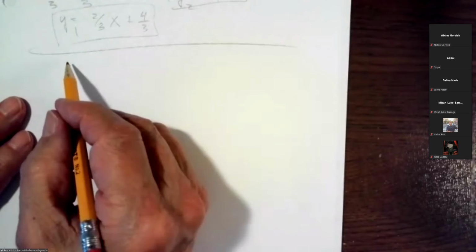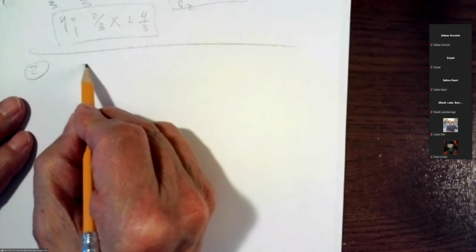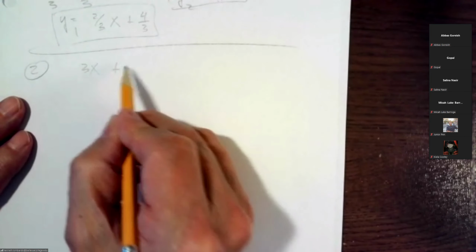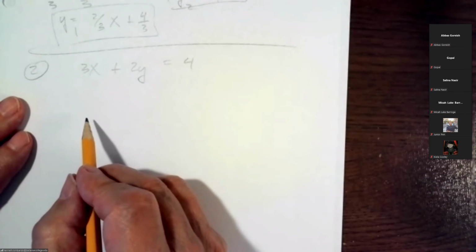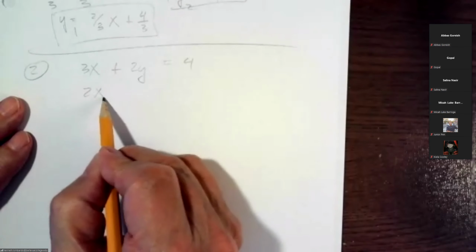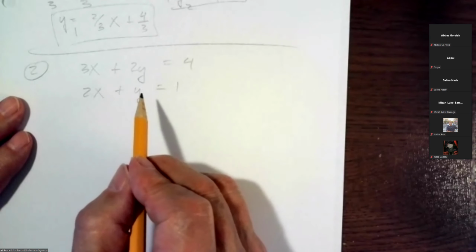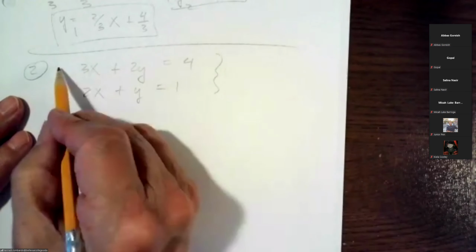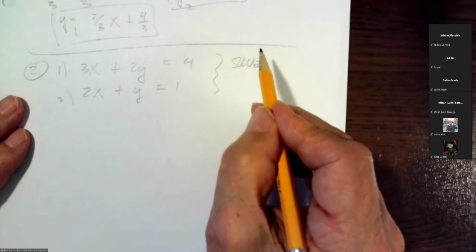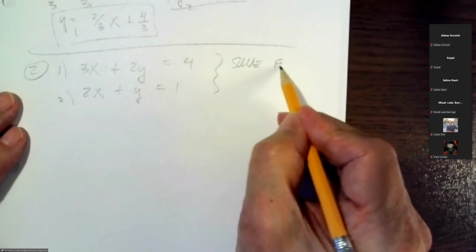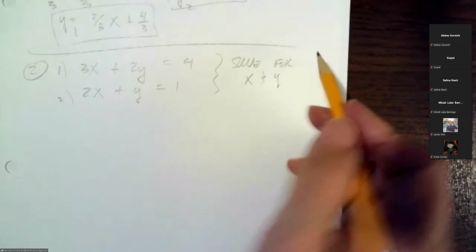Say we're given two equations: 3x plus 2y equals 4 and 2x plus y equals 1. Given these two equations, we're asked to solve for the unknowns x and y.